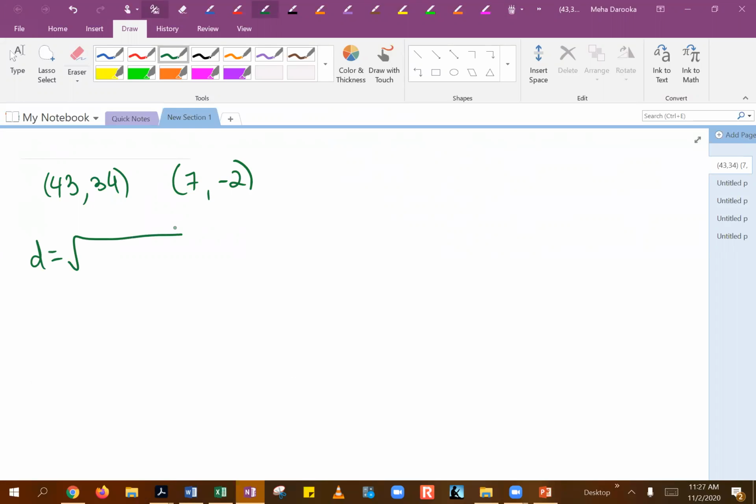So that would be 43 minus 7. So that would be what, 36 squared, plus if we did 34 minus -2, we're technically adding it. So this is coming out to be 36 squared plus 36 squared.